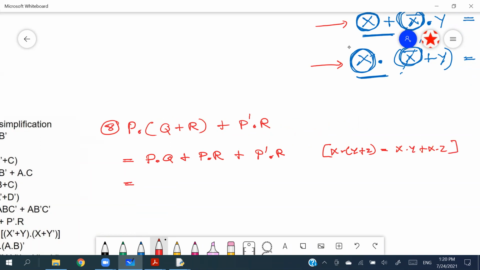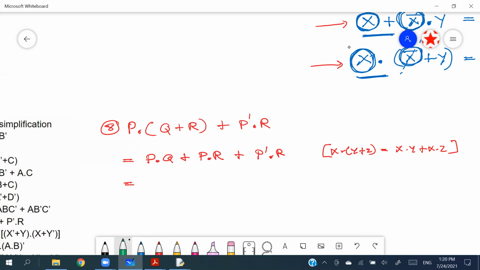So now we can see something common. Where are the places? Either we can go with, oh no, there is one place, right? So like saying P is common in these two terms, it has no point because we got P as a common one because we solved this using the distributive law, right?